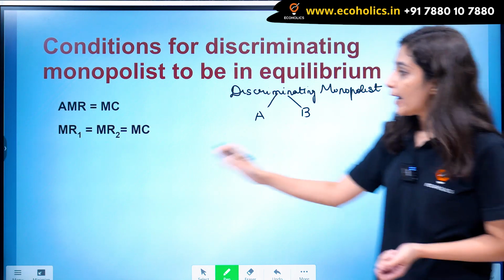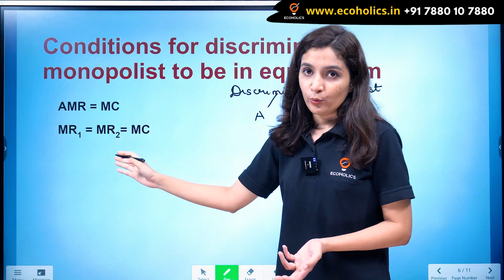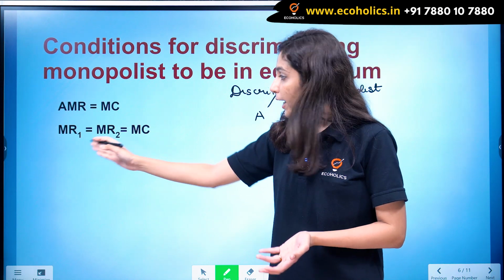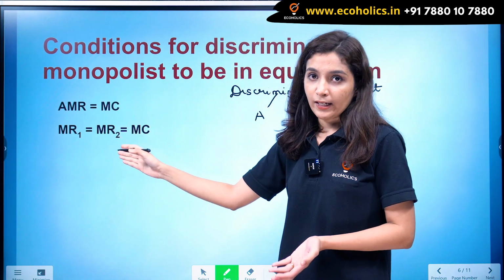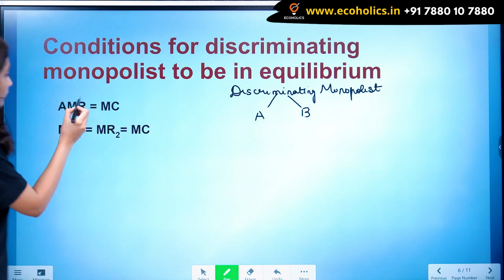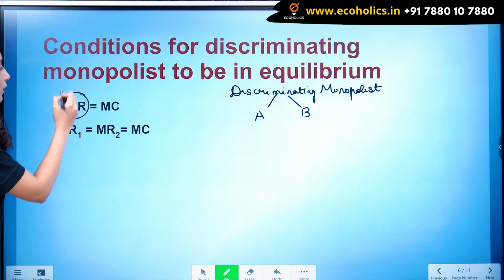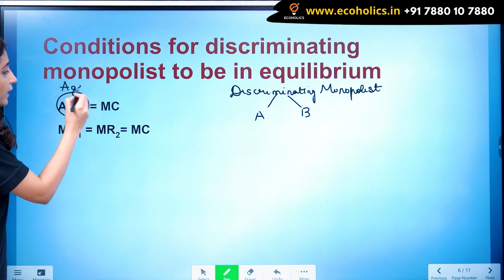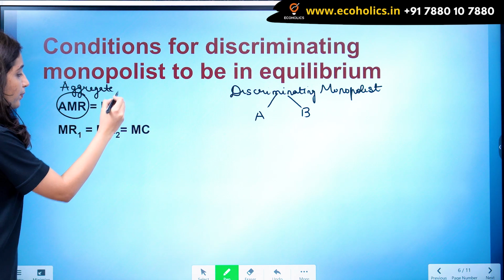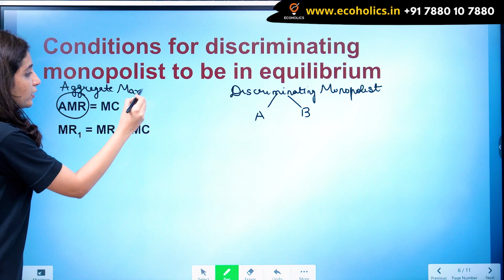So therefore, we have MR1 and MR2, the marginal revenue in the first market, market 1, and the marginal revenue in the second market. And AMR is the aggregate marginal revenue.